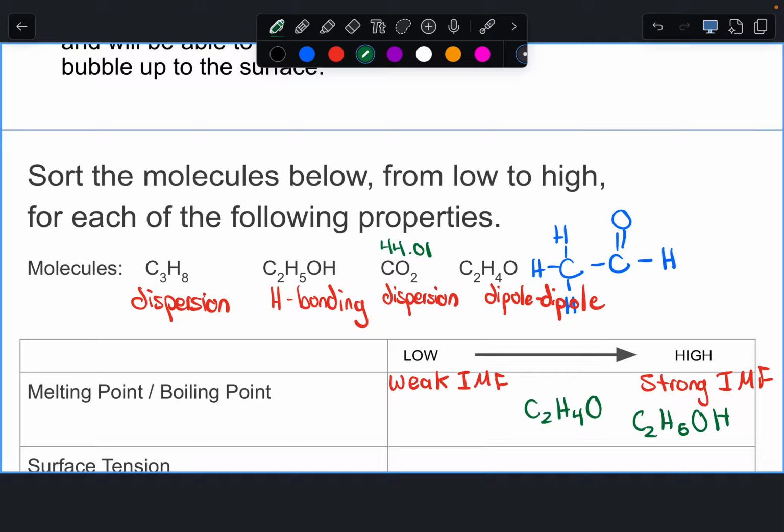Okay, so 12.01 times 3 plus 1.008 times 8. 44.1. Okay, so very close. So we can't actually tell the difference between those. So we're just going to put them together and say C3H8 slash CO2. Okay?